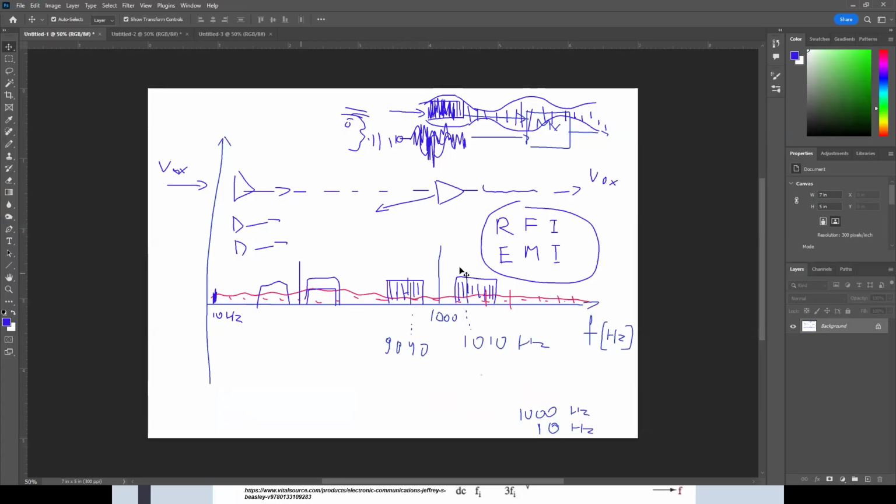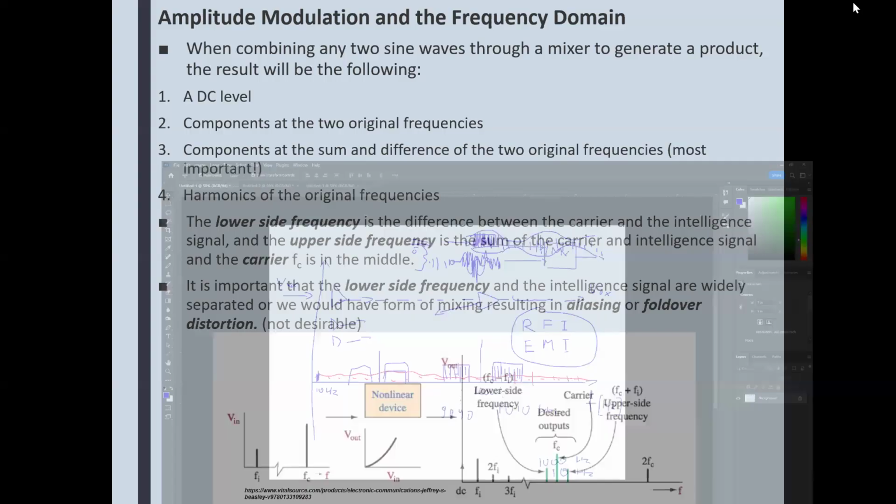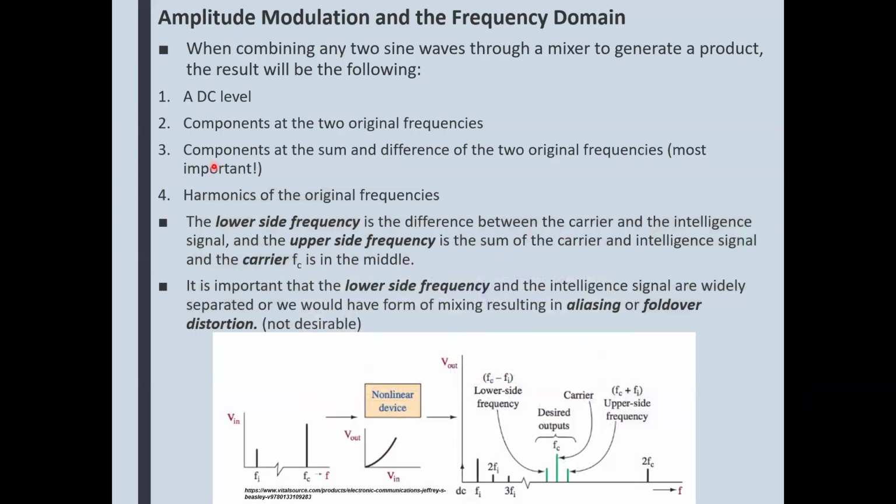Let's say we have 1000 hertz and 10 hertz. So we're going to have the 1000 hertz, and we're going to have the 10 hertz, which are basically the components of the two original frequencies. And components at the sum and at the difference of the two original frequencies.